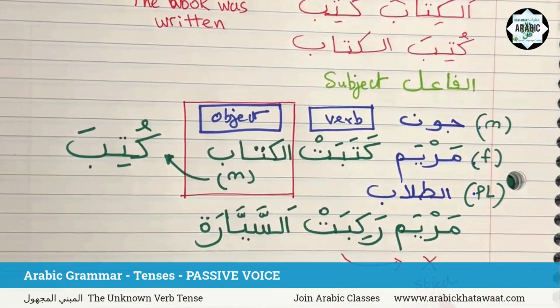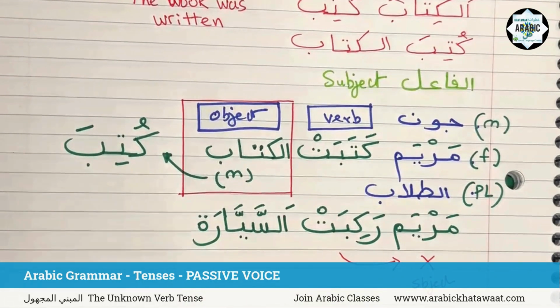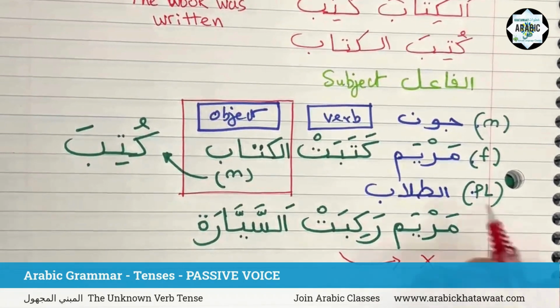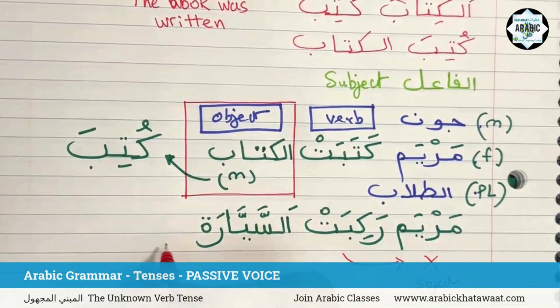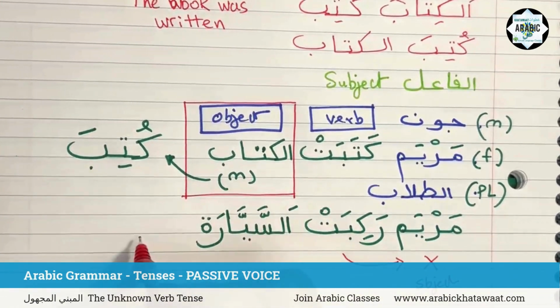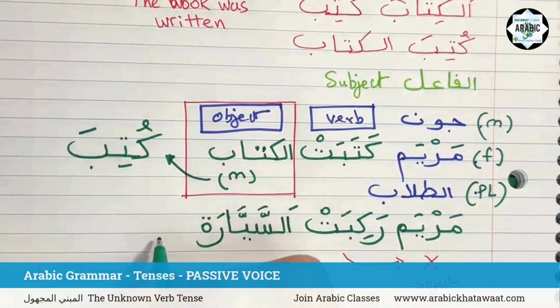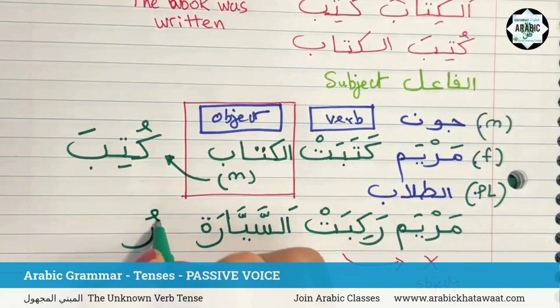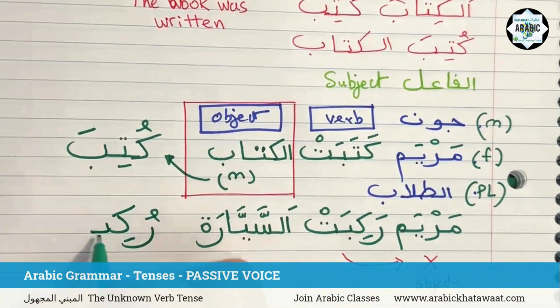If I don't have Maryam, then I have to say the car was ridden or driven, or whatever form your verb is. You have to make sure you refer to the gender of a sayyara. So I can say here, ركبت السيارة. السيارة ركبت.